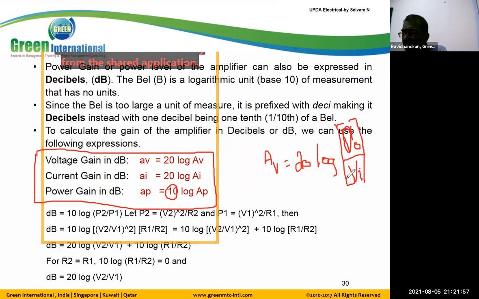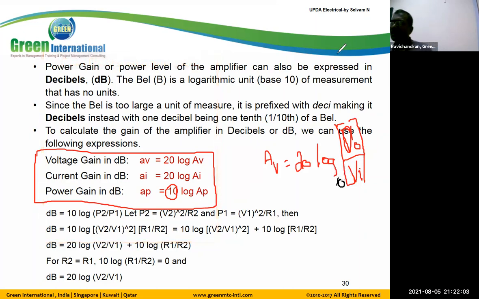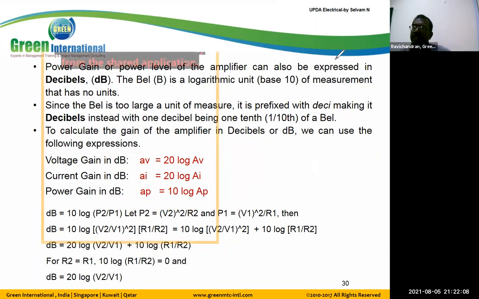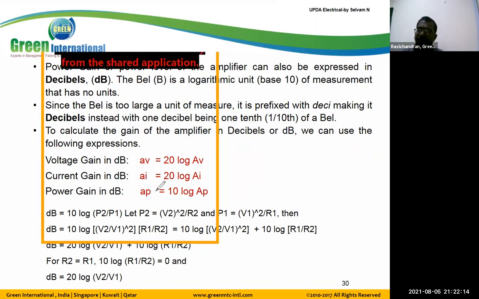More specifically, the base is 10. So for voltage gain 20 log, current gain 20 log. For the power, instead of 20, we have 10.